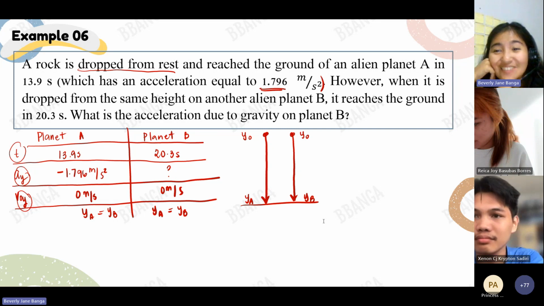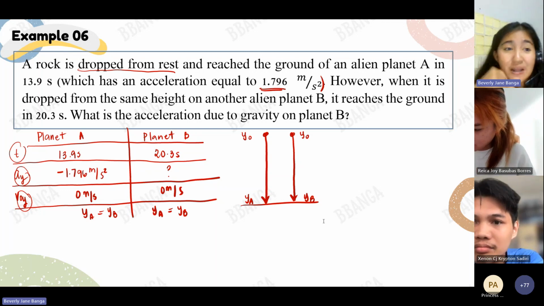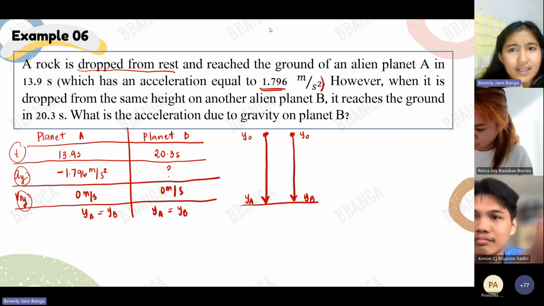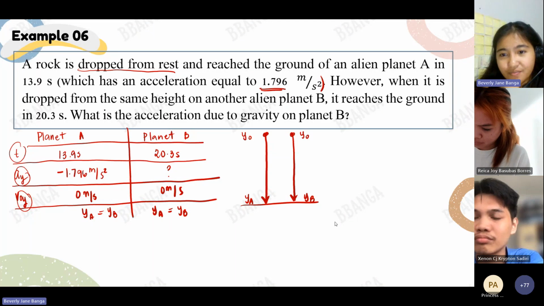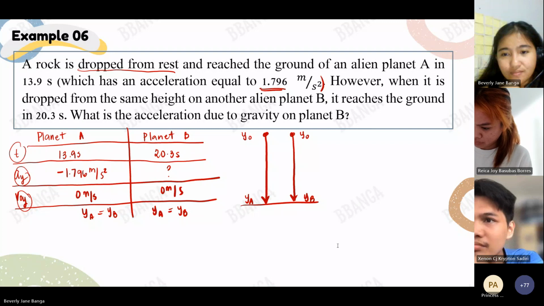Okay, parehas na si Neil tsaka si Kim dyan. Okay. Ma'am, mas mababa dapat gravity, ma'am, kasi mahaba yung time sa planet B. Okay, so that makes sense, no? Ano ba yung acceleration sa kabila? 1.796. The other one is 20.3. Okay, let's tignan natin. Negative 1.23. Okay. Negative 2.622.